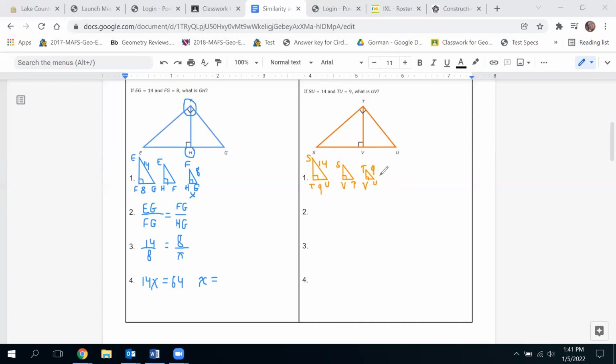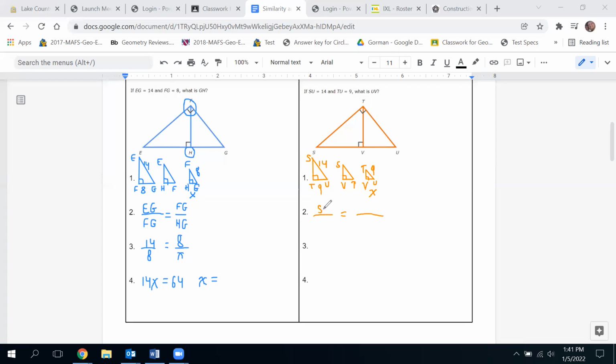And we want to know, what is the length of UV? Well, UV is right here, and we'll call that missing side X. Step 1 is done. Set up the three triangles, big, medium, and small. Step 2, set up a proportion using the corresponding sides.